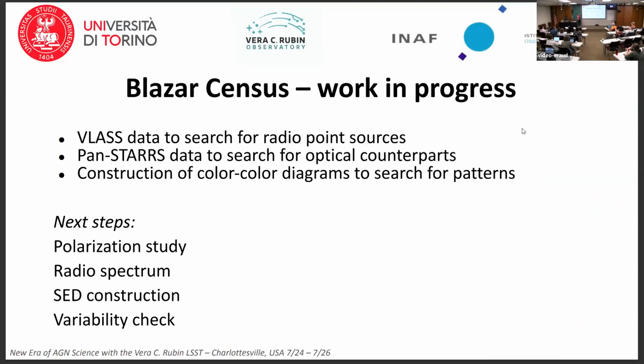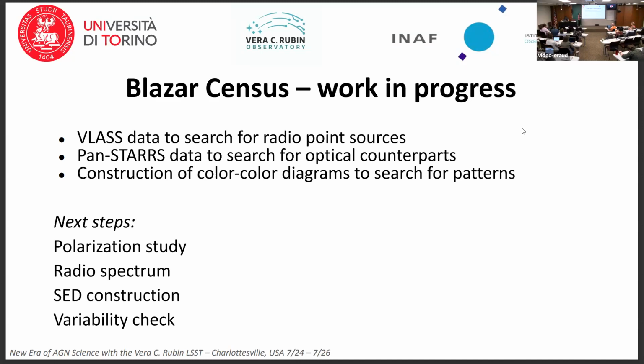What I'm working on right now is trying to understand how to put together all these criteria and make the most clear blazar census. I just started with the VLASS data. I selected the radio point sources and matched this catalog with the PAN-STARRS data to search for optical counterparts. Now I'm constructing the color diagrams to see if there are any patterns, like we saw in the WISE filters.